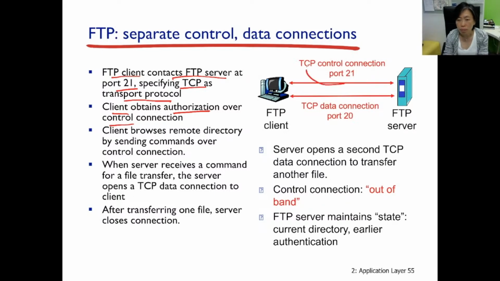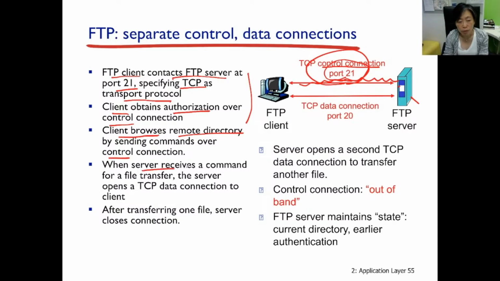So what I'm depicting here is also what's going on here. The client will establish a control connection towards port 21, okay, at the remote host. So messages saying, I want to log in, here's my password, will go on this connection. After the client logs in, it's going to browse through the directories, okay, in the remote hard disk over here. So the commands changing the directories around is going to also be sent over the control connection.